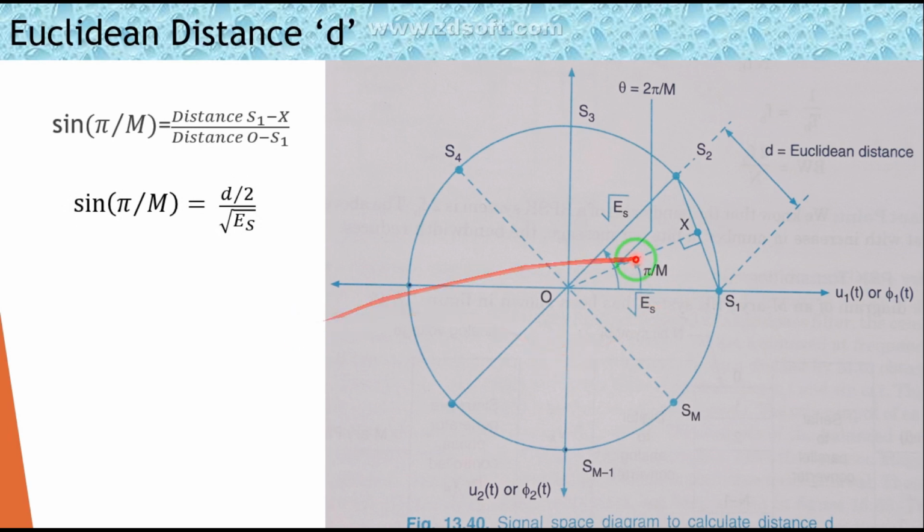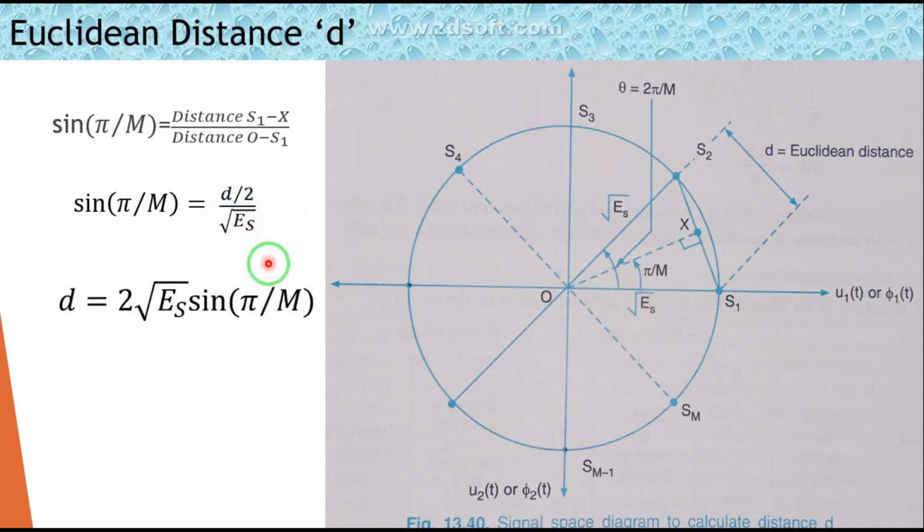Now, for this sine of pi by M, what is the distance S1 x? It is D by 2, since the total is D, so half of it is D by 2. And as we know, the distance of each symbol from the origin is given by root Es. So sine of pi by M equals D by 2 upon root Es.